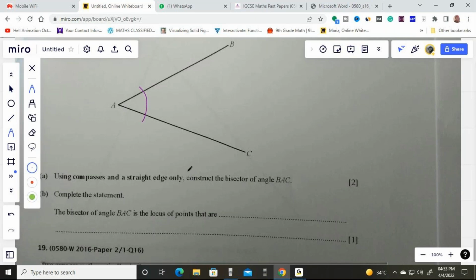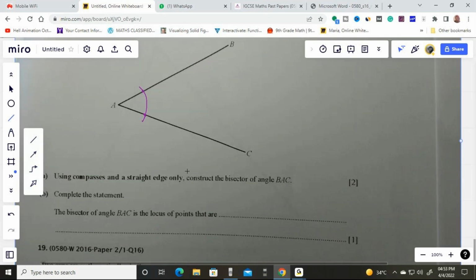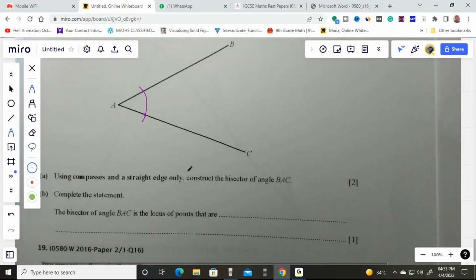This is your angle BAC, and you stretch your compass to some suitable radius. You put your needle at point A, you draw this arc. Then you maintain the same radius, put your needle at this point X, and draw one arc here, and then you put your needle of the compass at point Y and draw another arc like this. Then you draw your angle bisector. You connect your A with your Z, the intersection of these 2 arcs.